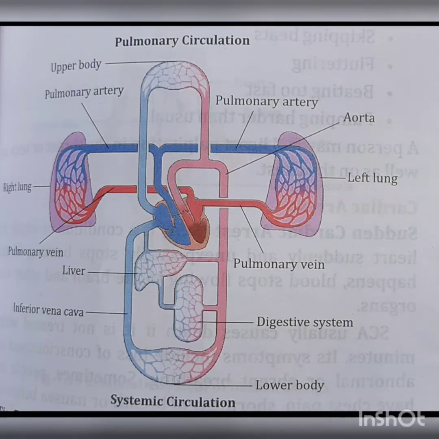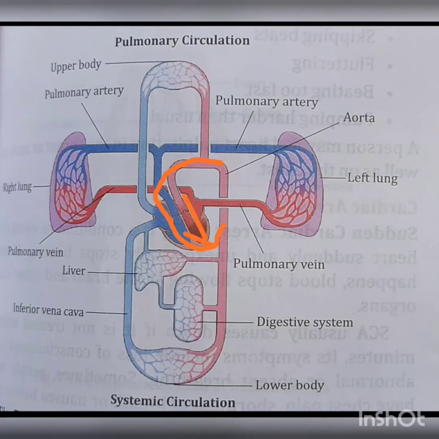In the systemic circulation, the movement of oxygenated blood from the heart towards body parts takes place, and the return of the deoxygenated blood back to the heart. The left atrium contracts to pump oxygenated blood into the left ventricle. The left ventricle pumps oxygenated blood through the aortic semilunar valve into the aorta.